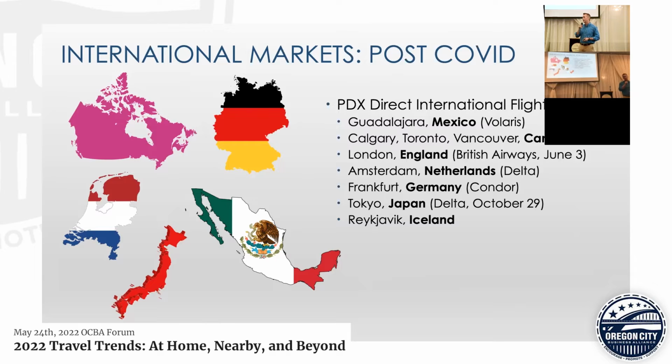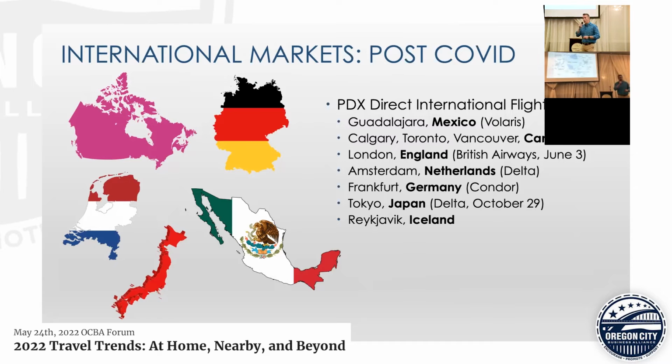So people flying into LA, Seattle, yeah, they might come down and do that little trip, but do we know? They fly into Seattle. That's the hardest thing to track is when people come into an airport. We see the arrivals, we can get all the tracking data, but where do they go after that? And so if you have these direct flights, and these are all the direct flights coming in to PDX, that's a good starter for, okay, these are the markets we can get directly into our state.